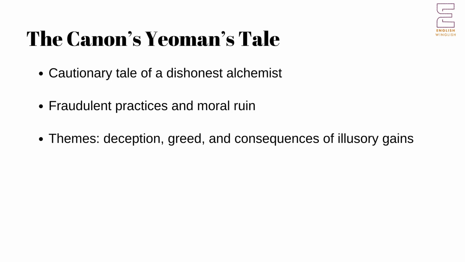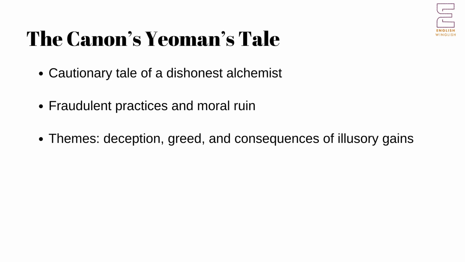The Canon's Yeoman's Tale. The Canon's Yeoman's Tale is a cautionary story about a dishonest alchemist who deceives people with false promises of turning base metals into gold. The Canon's Yeoman, who serves the alchemist, recounts their fraudulent practices and the moral and financial ruin they bring upon their victims.